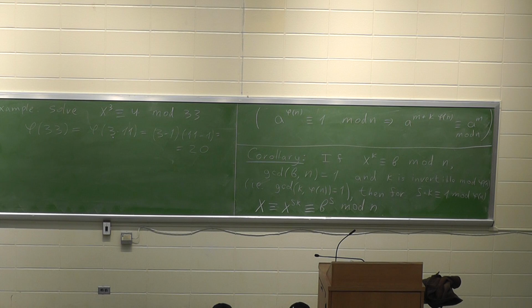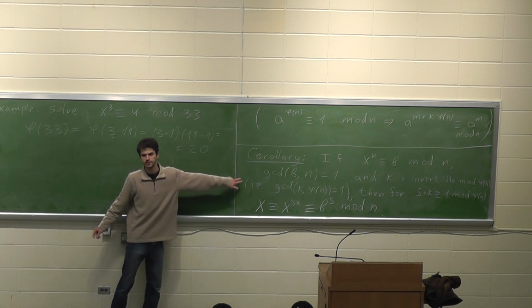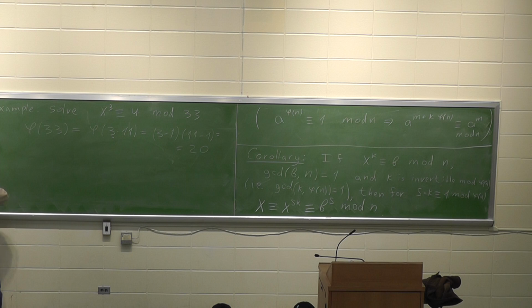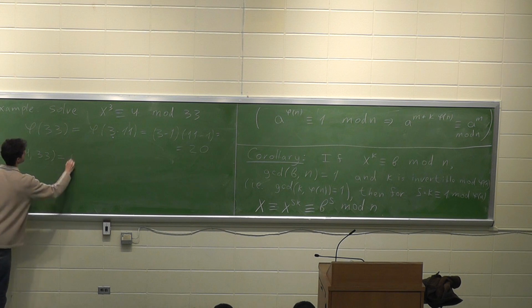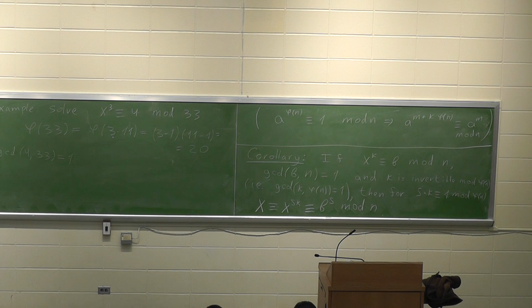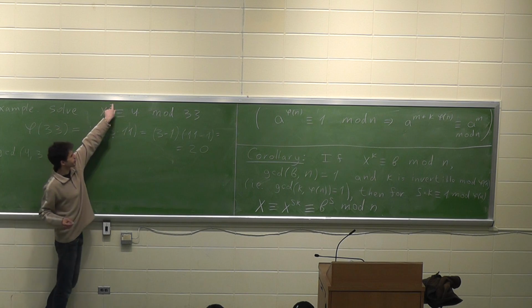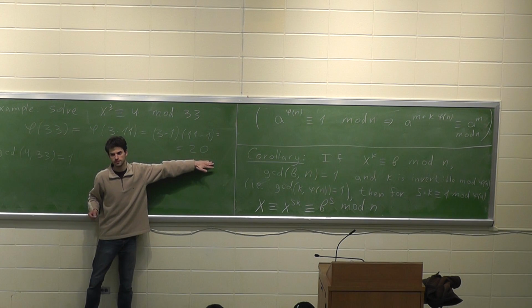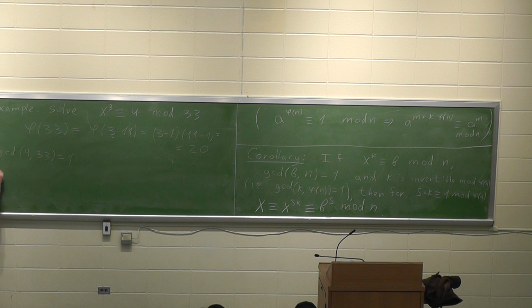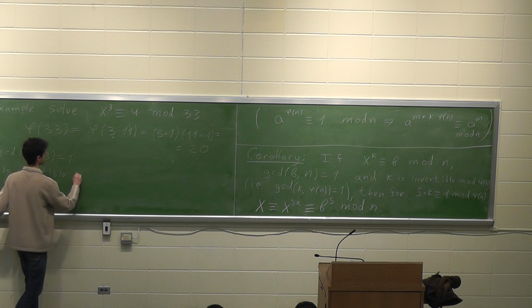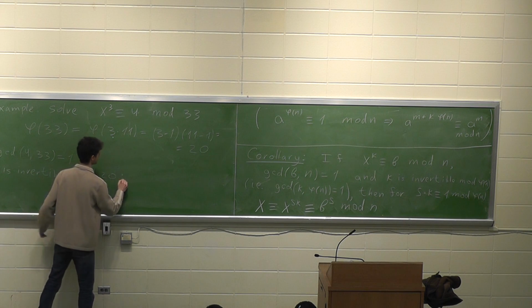Next step, we verify that we can apply this corollary. GCD of 4 and 33 is equal to 1, and 3 is invertible modulo 20.